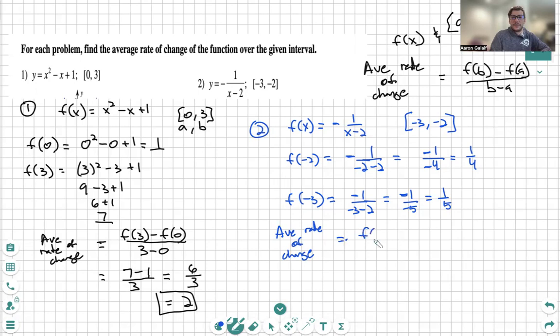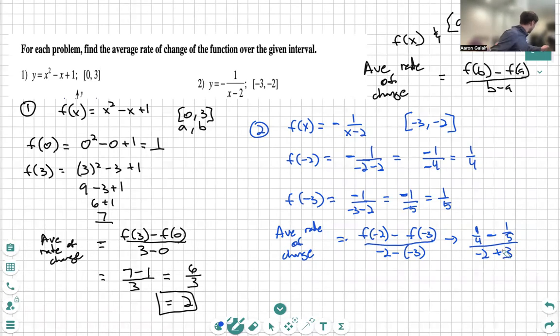So we have f of negative 2 minus f of negative 3 all over negative 2 minus negative 3. So we plug in what we have on the top. F of negative 2 is 1/4 minus 1/5 all over negative 2 plus 3, because a negative minus a negative is a positive. So there we go.